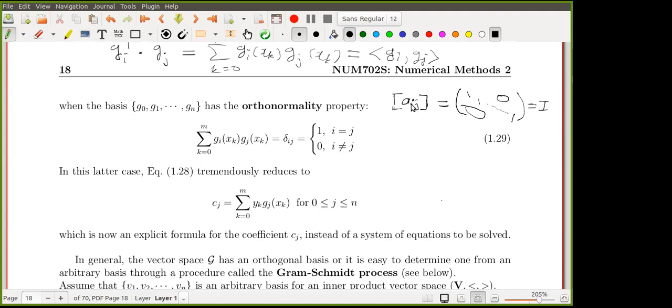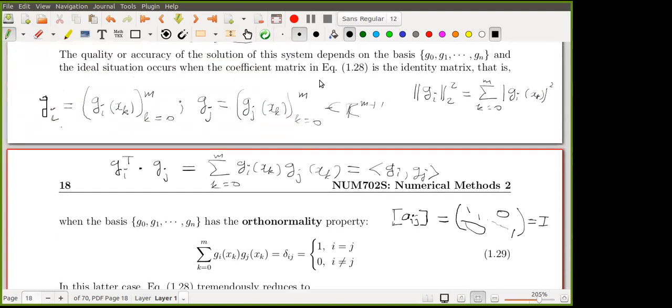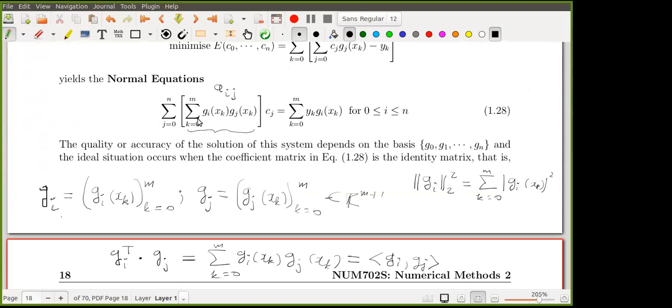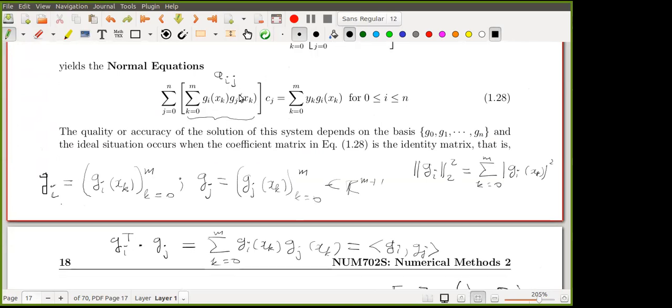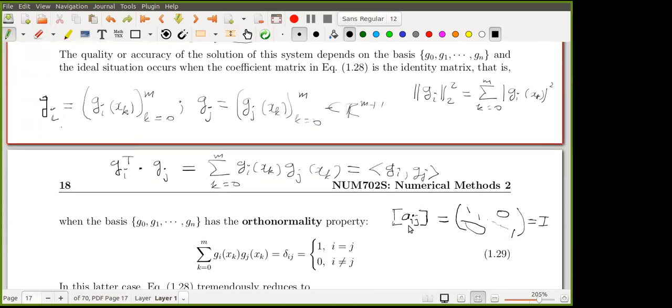Now, if you have the identity matrix, our linear system, which is given by this normal equation, if this is identity, we can see that we can write this as delta_ij, which is exactly what we wrote here. That entry is delta_ij.